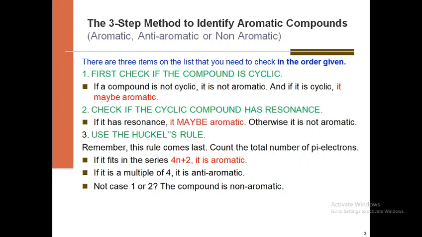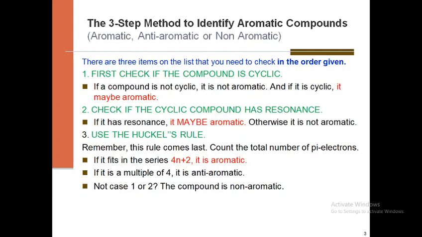If the pi electrons are a multiple of 4, like 4, 8, 12, 16, etc., then it is anti-aromatic. If it is neither 4n plus 2 nor a multiple of 4, then we can say the compound is non-aromatic.